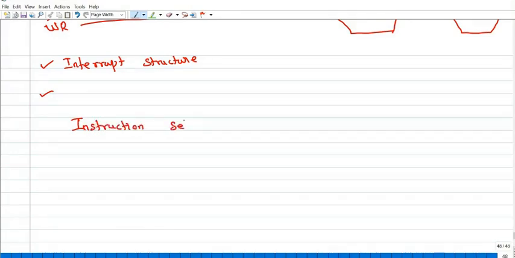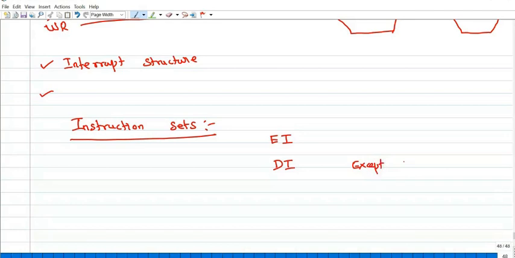Enable interrupt: this is a 1 byte instruction. It enables all the interrupts. Disable interrupt: it is a 1 byte instruction. It disables all the interrupts except trap. Trap is always active.